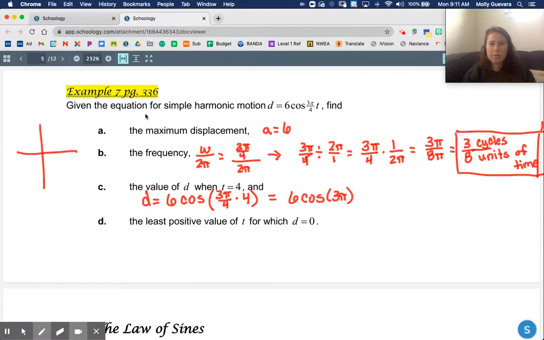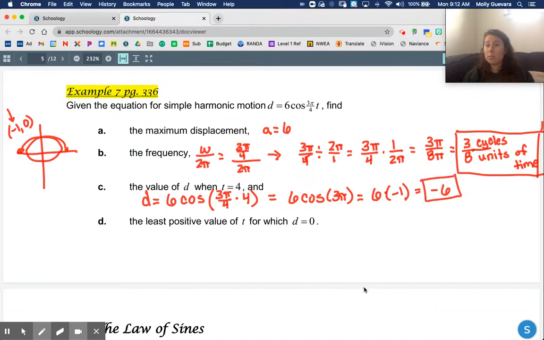Cosine of 3 pi. So here's 0, right? 1 pi, 2 pi, 3 pi. The coordinate here is -1 comma 0, so the cosine is -1. So this is 6 times -1, so I just get -6. So see, we can use the unit circle. We don't need a calculator to calculate that.